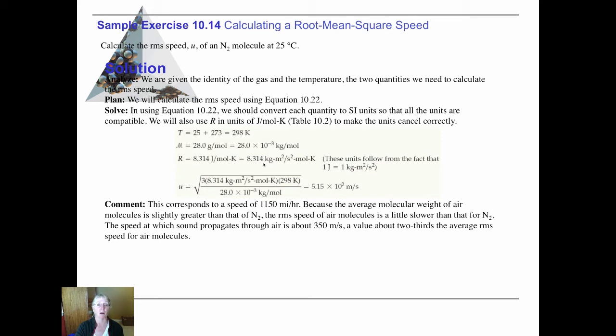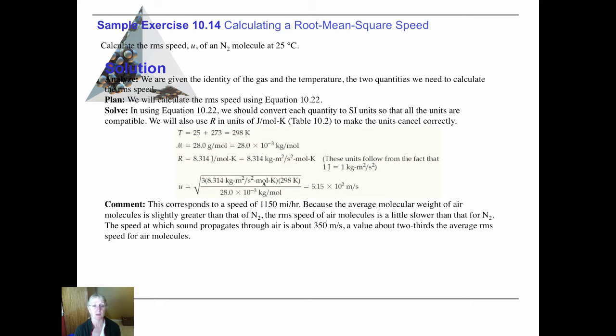Here it is with all of the units substituted in. Don't get too hung up on those. Let's take a look at where they go when we actually plug them into the equation. So the root mean square speed is the square root of 3 times the gas constant times the temperature in Kelvin divided by the molar mass given in kilograms per mole. If you take a close look at all of these units, these kilograms will cancel out.